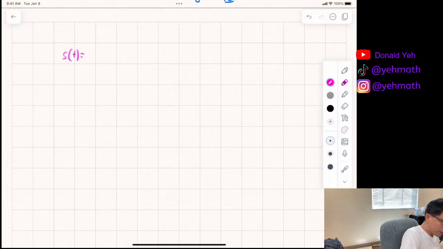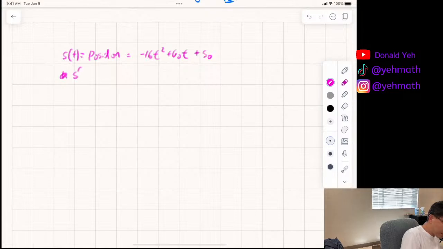Okay, so this is called position functions, and this one is usually negative 16t squared plus v0 t plus s0. That's that. But I think I forgot to mention something.